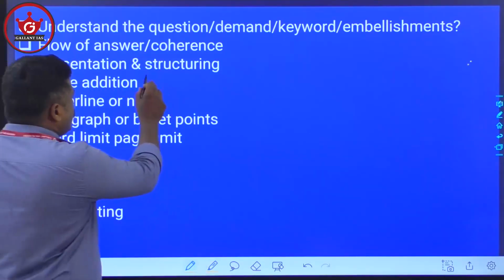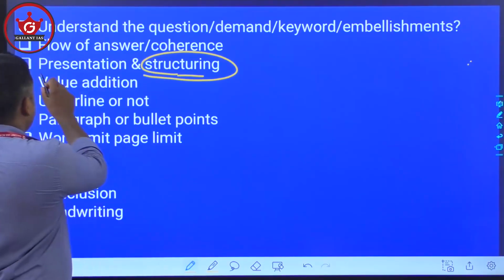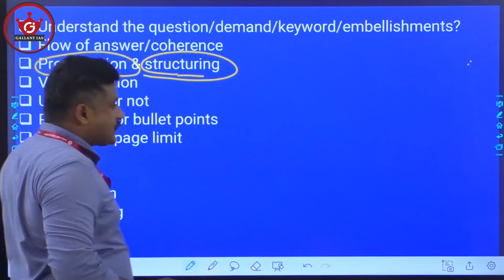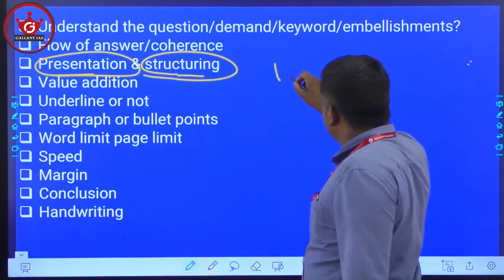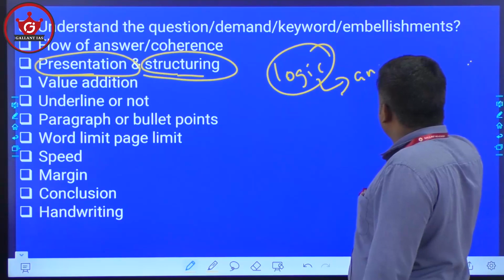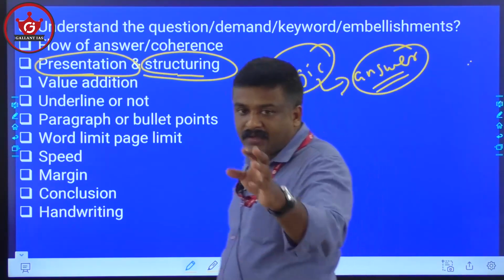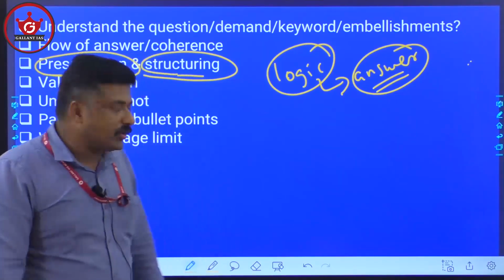But it is very important that your answer should have a structure: intro, body, conclusion, and it should be presentable. It should be presented in such a way that it maintains a logic, like an answer. The element of answering the question should be there. The answer should not look like note making.